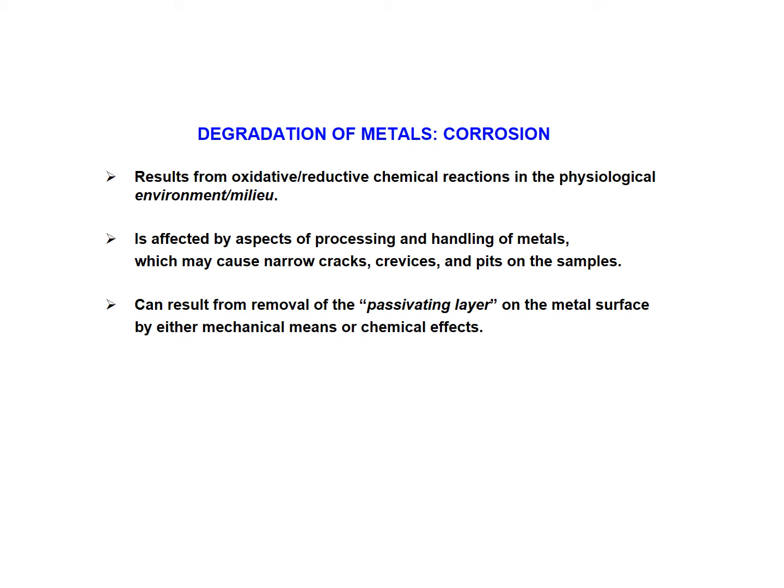Sometimes specific metals promote the interaction of certain proteins, usually albumin, and once the metal surface is covered by them, the oxidative reduction chemical reactions, the species which are produced like oxygen radicals, cannot reach the surface of the metal and therefore cannot start the process of corrosion. This passivating layer, therefore, results as a protective layer against corrosion of metals.